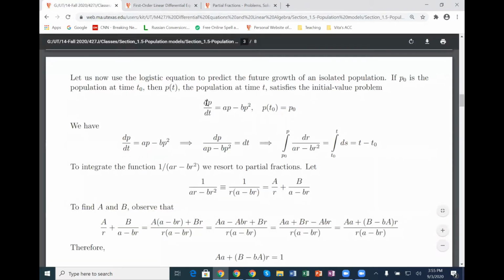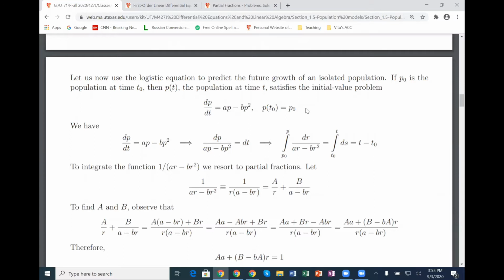However, in order to solve this initial value problem, we can use the separation of variables method. Here's how we do it. Let us copy this over here, and then let us move this term down to the left, and move dt to the right. Done. We just separated the variables.